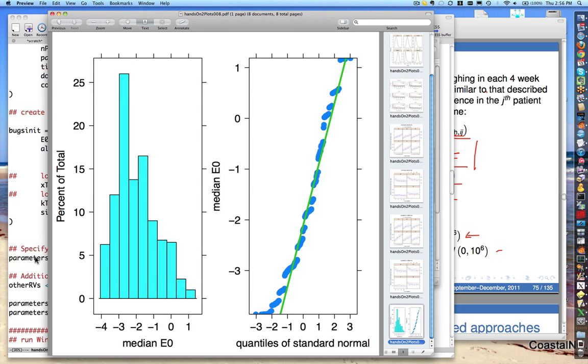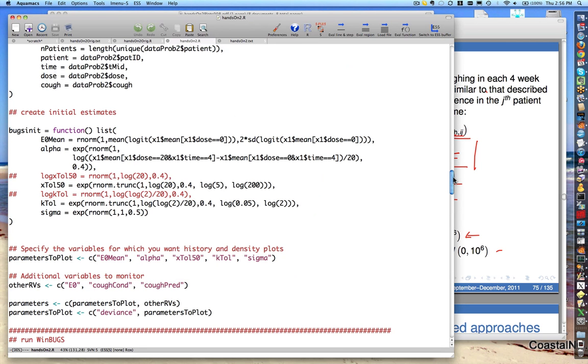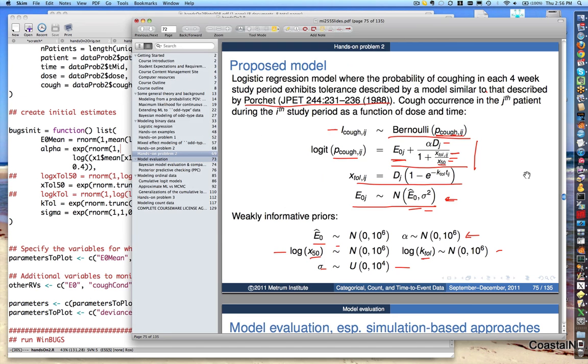Let's see, is there much more I wanted to tell you about it? Probably not. The main gist I wanted to get across in this particular example was how to implement a random effect in one of these models, so that we can do a mixed effects model.